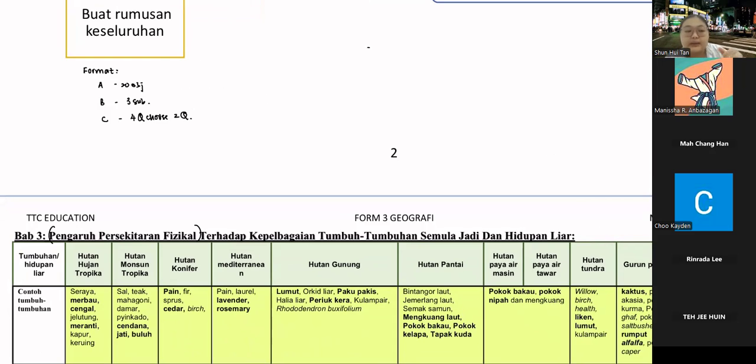When you see the words pengaruh persekitaran fizikal, it means how the natural environment affects the plants and animals. Sometimes the question may replace this by saying nyatakan faktor fizikal, pengaruh faktor fizikal, or bagaimanakah persekitaran fizikal mempengaruhi tumbuh-tumbuhan semula jadi. But they are actually trying to ask the same thing.